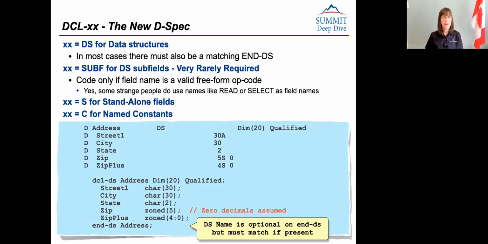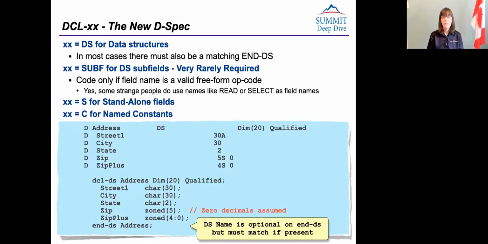It could be declare subfield, SUBF. The reason you hardly ever see this is that the only time you would need it is if the name of the subfield were an opcode name. And while you might think, why would anybody put an opcode name? But if you think about what some of the opcodes are, read, select, it could be that in some applications, those would be logical field names or subfield names to be used.